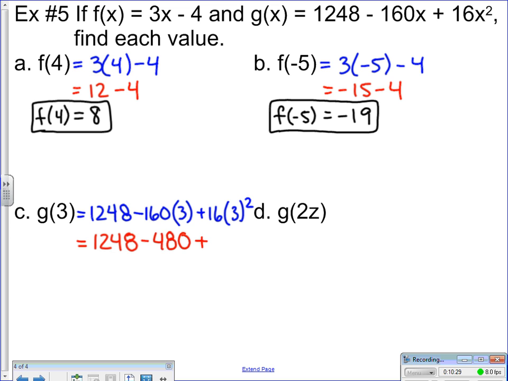Now don't times by 16. Make 3 squared 9. And then you still need to do one more multiplication. 16 times 9 is 144. Now you can do all the subtraction and multiplication.